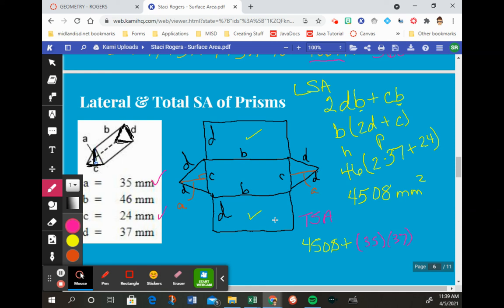And I get 5,803 square millimeters. Easy or hard? And a little bit of thinking involved.